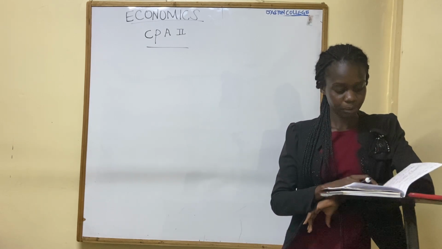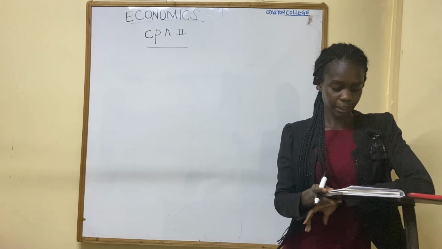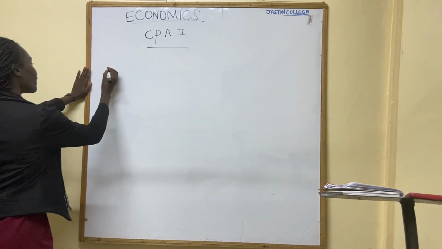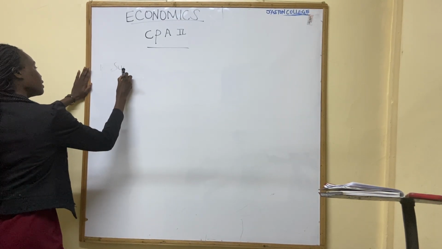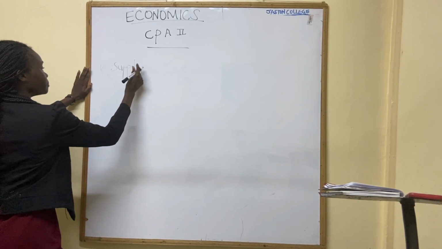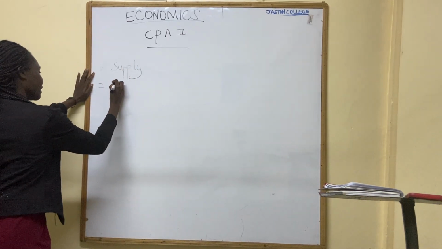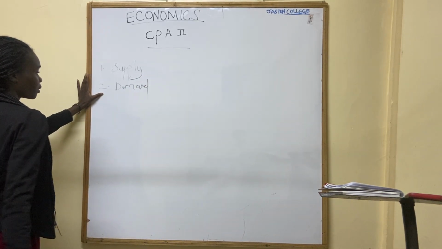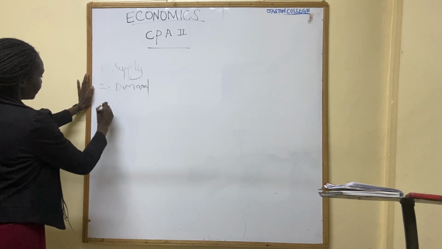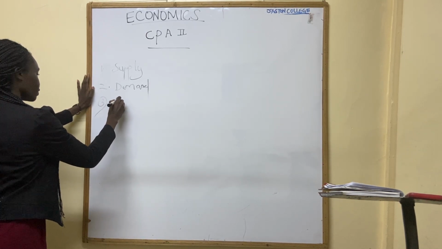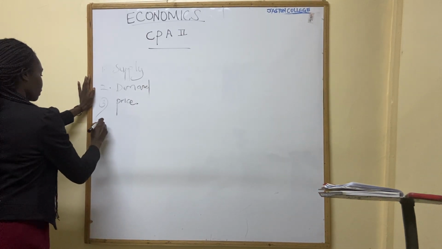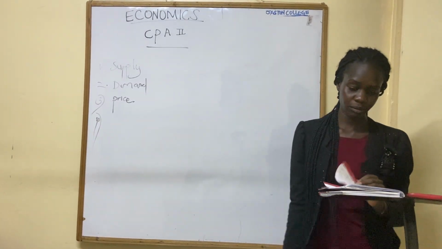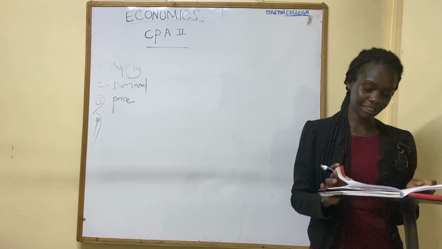At the end of the topic, every one of you is supposed to define what is supply, what is demand, what is price control, what are subsidies, and what is price elasticity.